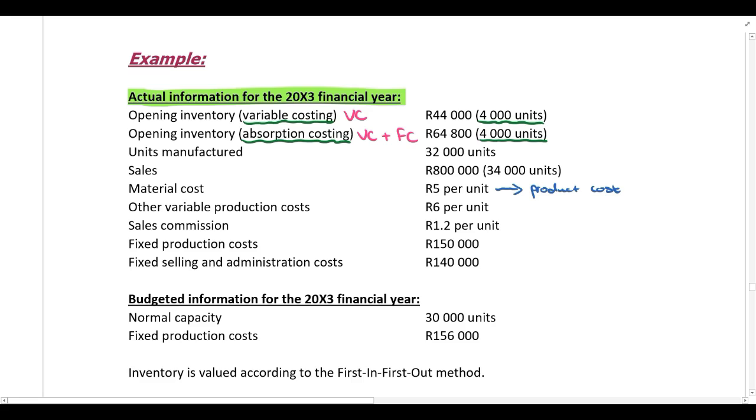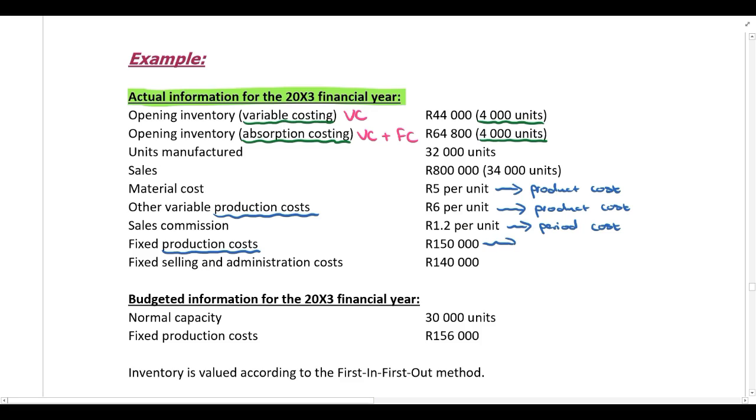Your variable production costs are also manufacturing or production related costs. So this is also going to be a product cost. Sales commission is a period cost. It's not included in the value of inventory. Your fixed production costs are obviously manufacturing in nature because they relate to production.